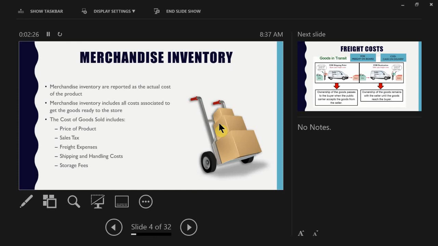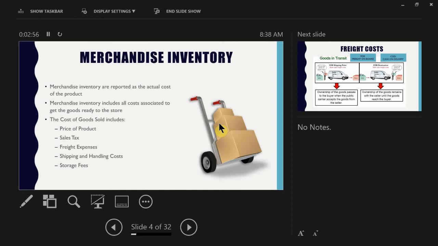Now, let's go ahead and talk about merchandising inventory. So, what does cost of goods sold include? Well, it's pretty straightforward, right? It's going to include every single cost it takes so that it becomes ready to sell. Okay? Now, it's going to include every single cost it takes to get the asset to the store.